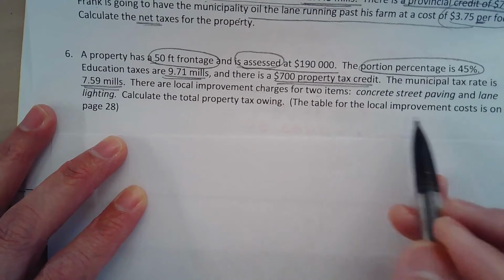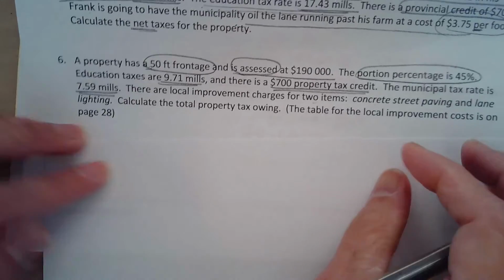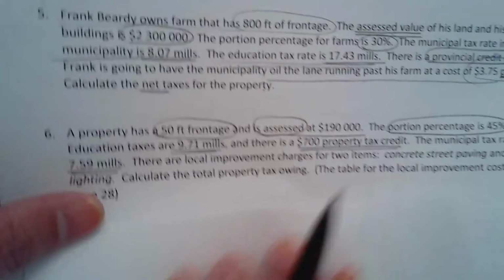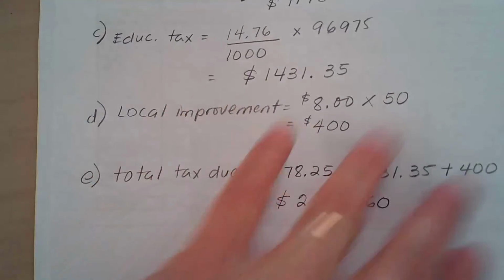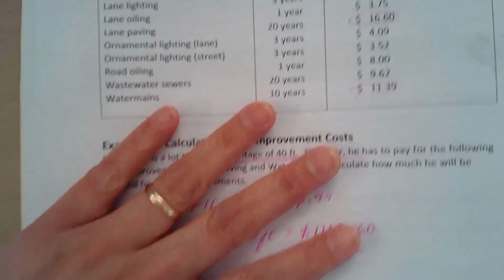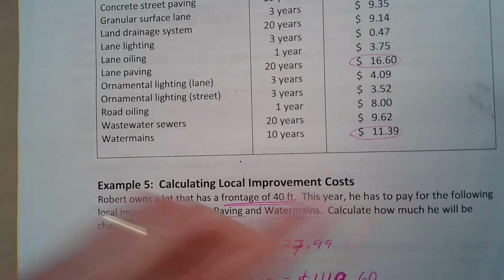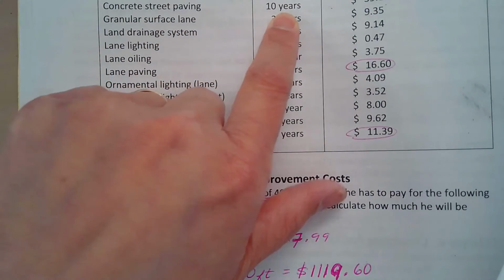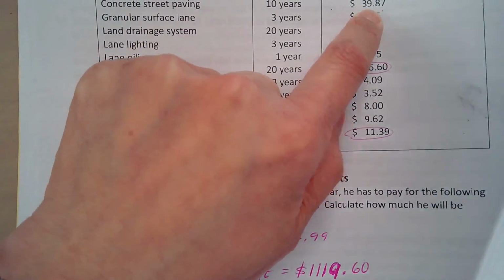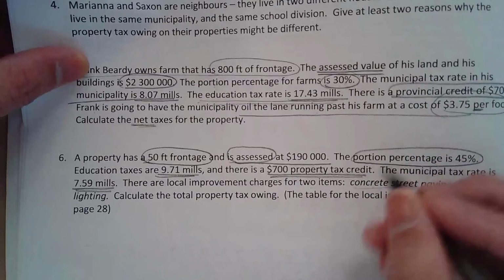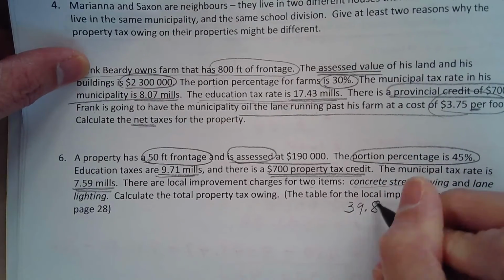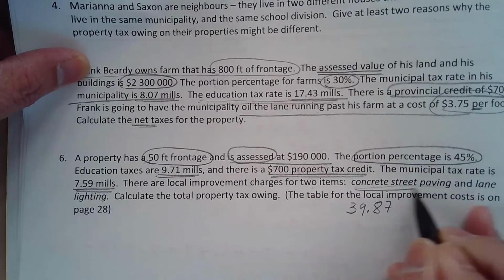The table for local improvement costs is on page 28. So concrete, street paving, so we're gonna figure that out. How much is concrete paving? It's on page 28. They didn't give it to us, so we have to look in our table. Concrete, street paving, 39.87. Yeah, so we're gonna put that there. 39.87 for concrete, street paving.